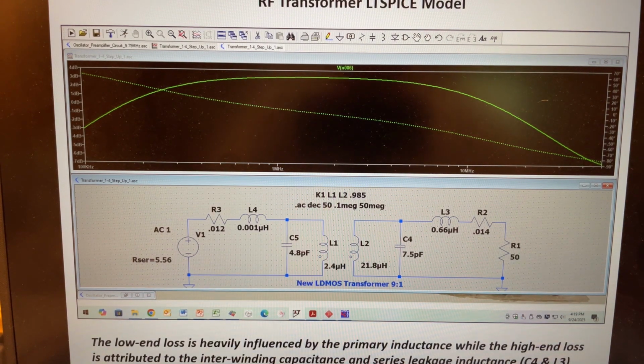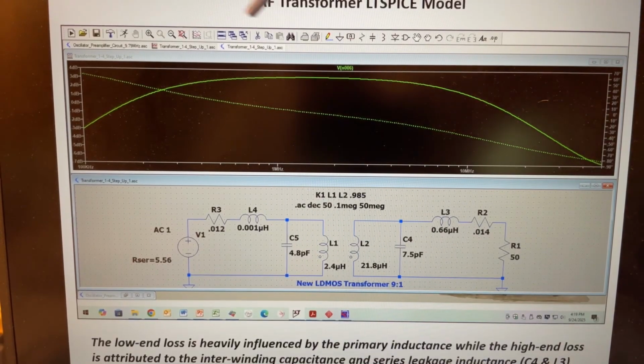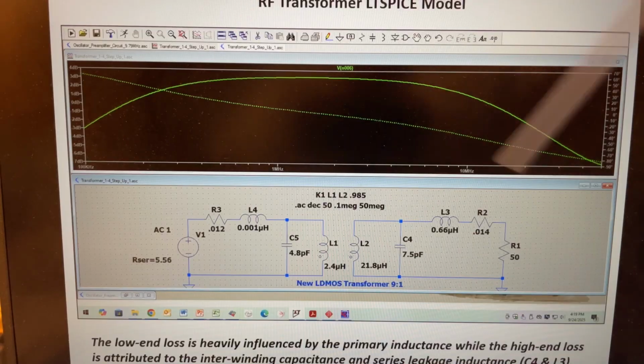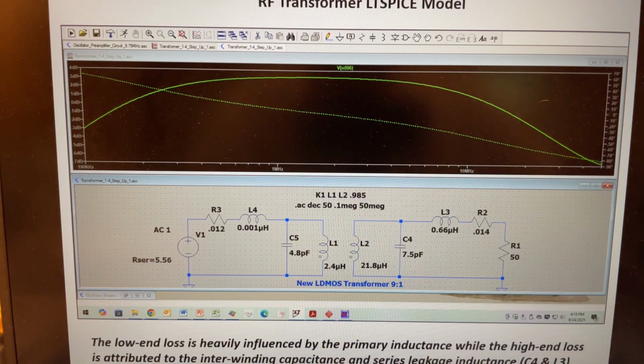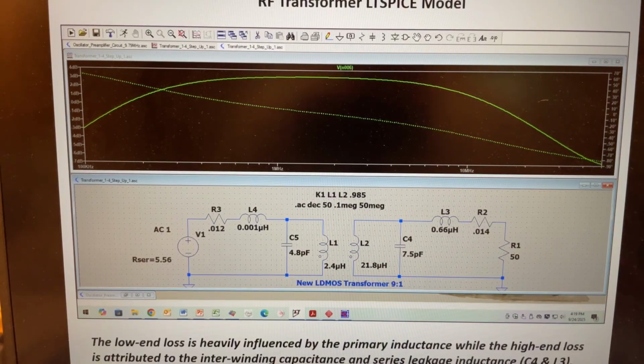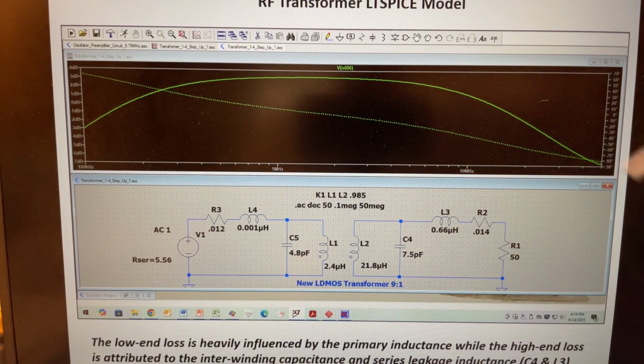So we have to compensate for that and compensate for some of the parasitics. And on the high end, where we see most of the loss after 1 megahertz and after 10 megahertz, we basically experience those losses because of the interwinding capacitance and the series leakage inductance.